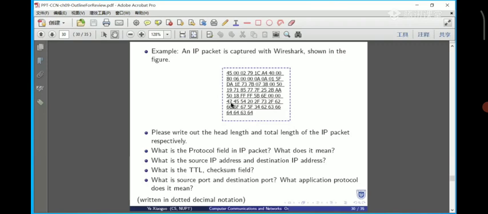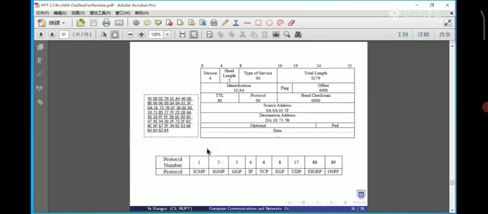Then we can determine the value of each field of the packet header, and we can determine the meaning if the value of the field is given.